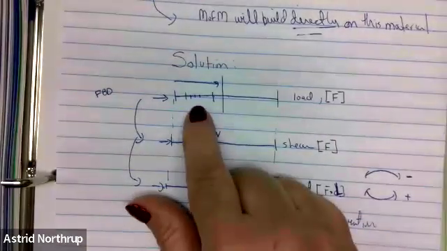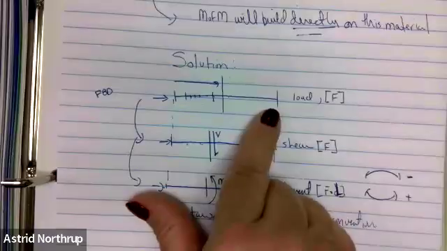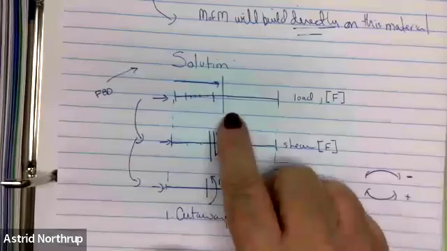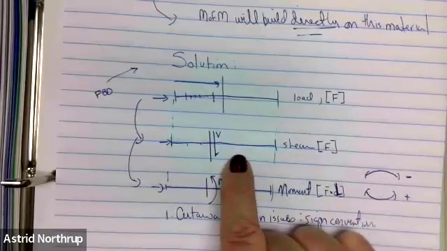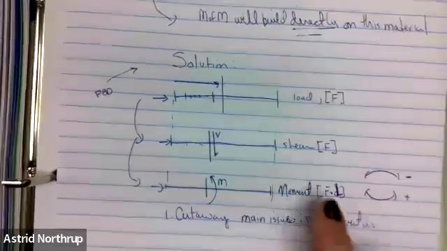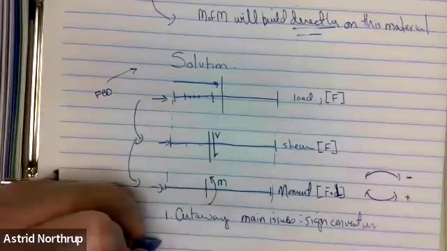But I've said the load diagram follows from the free body diagram, which you don't really draw as part of the solution. Then the shear diagram follows from the load diagram, and the moment diagram follows from the shear diagram.